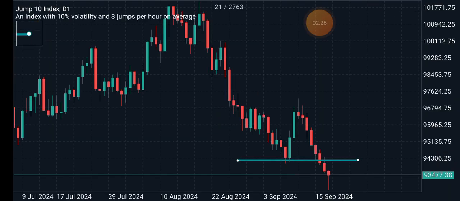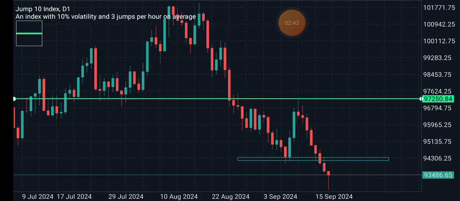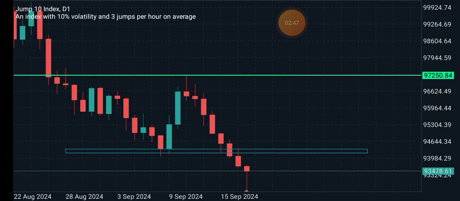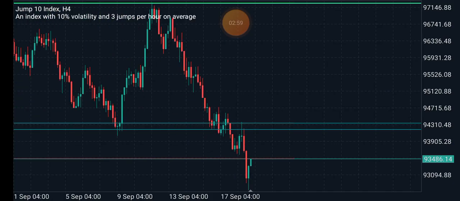We have broken this particular lower low, and we are actually going down. So I will concern myself with this particular movement from this point to 97250.84, between here and here, because I know that price will keep going down. You get me? So I'll go to the 4 hours time frame to see what has played out.